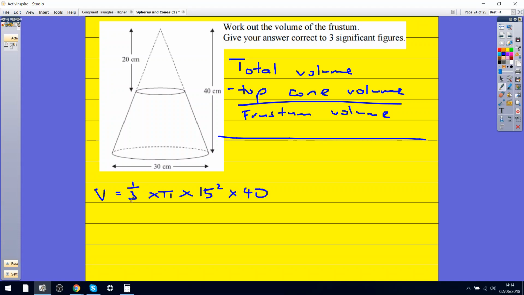Yeah, so that'd be the total volume. Yeah, this thing here.